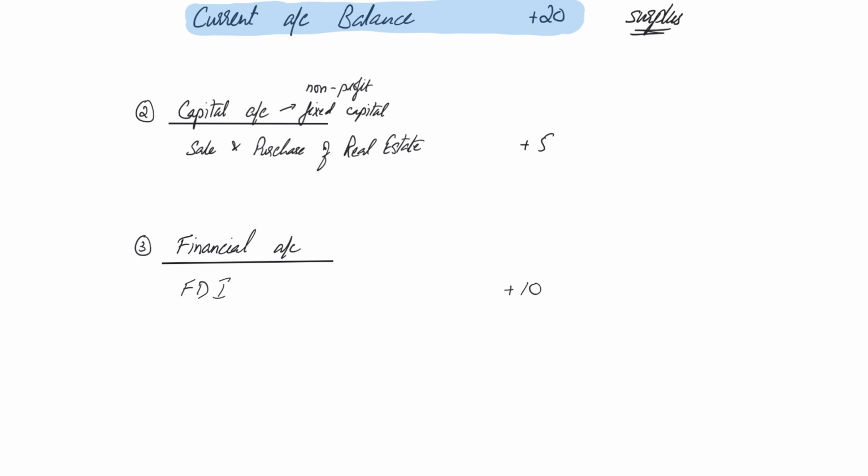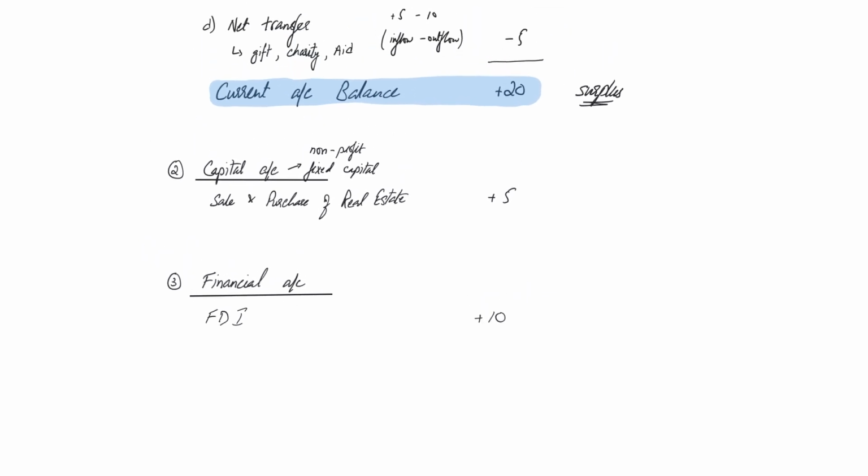Okay, so I've already done the net inflow minus the outflow, and you're getting, let's suppose, plus 10. So far, foreign direct investments.